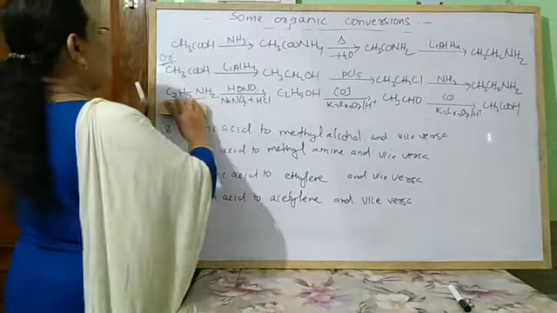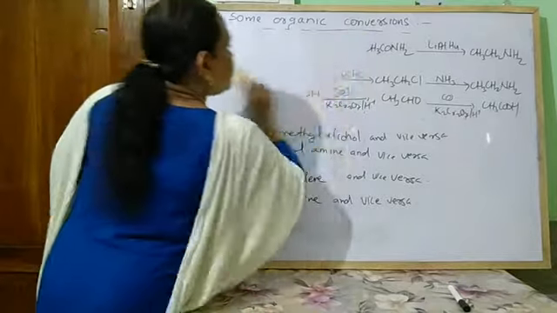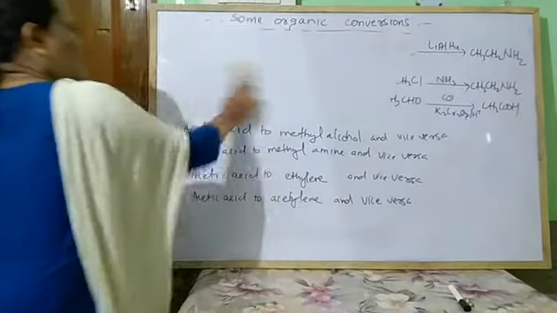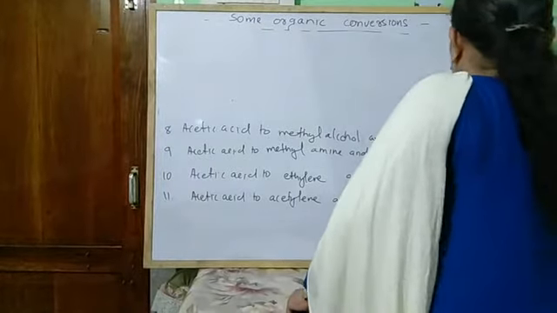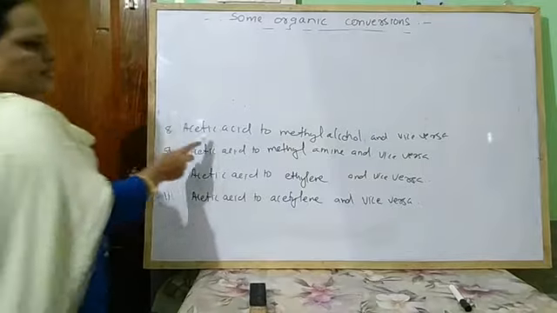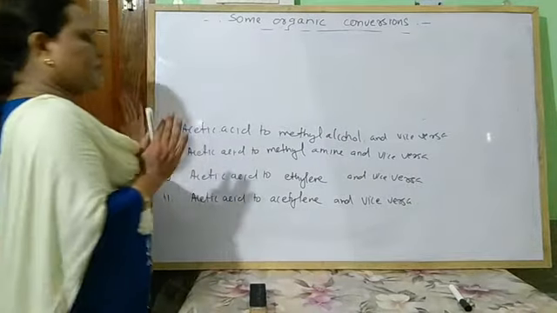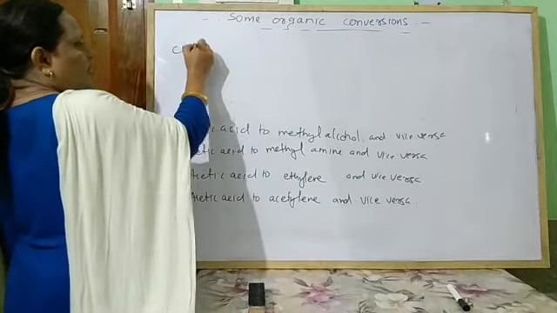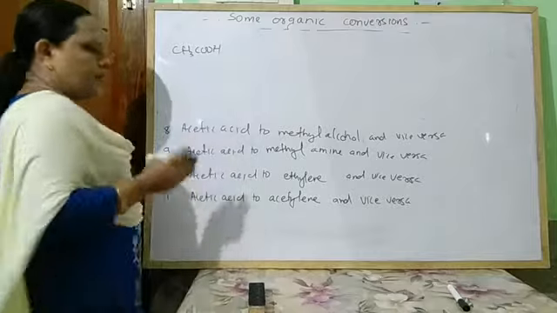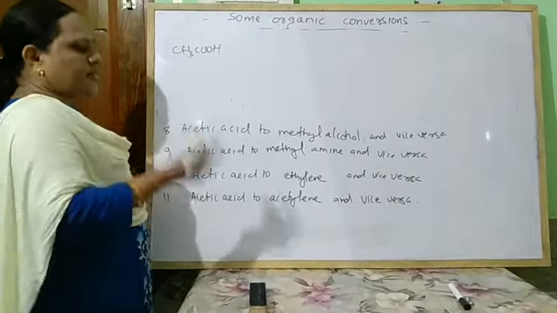Acetic acid to methyl alcohol. Look here, acetic acid to methyl alcohol, here the carbon atom decreases. So I have to keep in mind that the carbon atom decreases. So first, acetic acid, either by the Dumas method or through the Hofmann bromamide reaction.